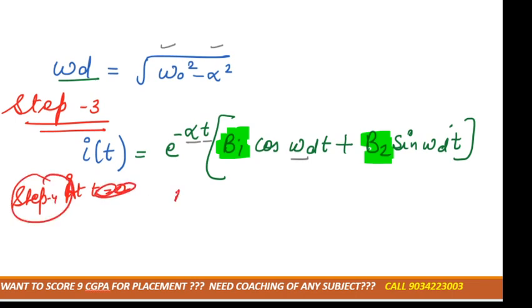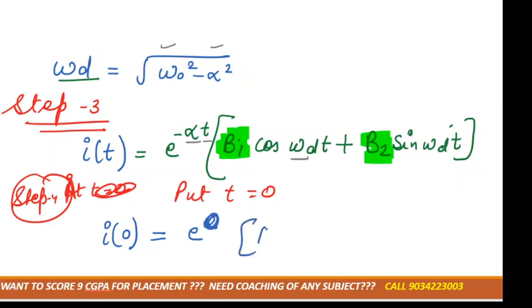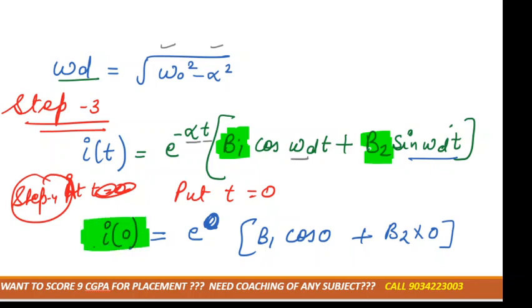If we put t equal to 0, then we get the equation I of 0, e raised to power alpha t is 0, then b1 cos of 0 plus b2 sine of 0, and you know that sine of 0 is 0 only, right? So maybe they give in the question the value of I0, or maybe we need to calculate it. Got it? So e raised to power 0 is 1. From this equation can we get the value of b1, right? Because cos 0 is 1, b1 we will get.